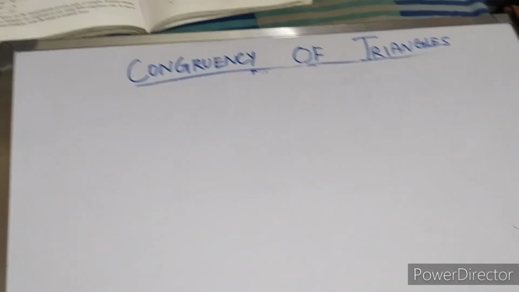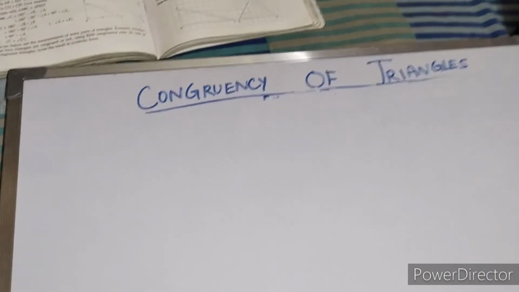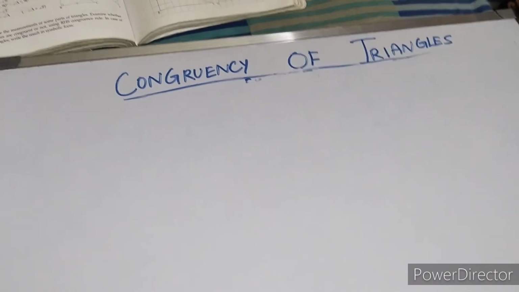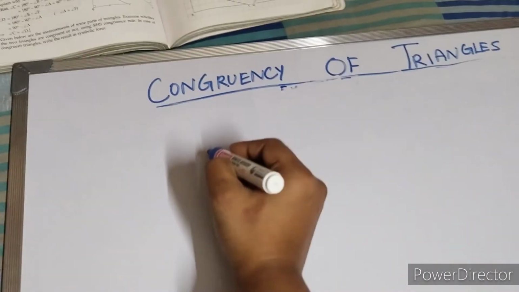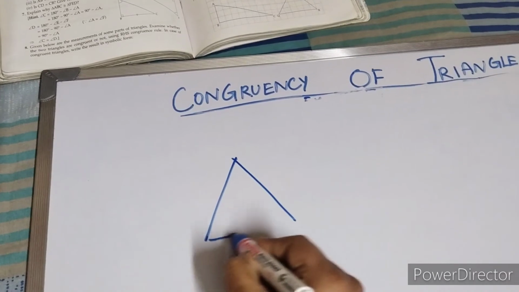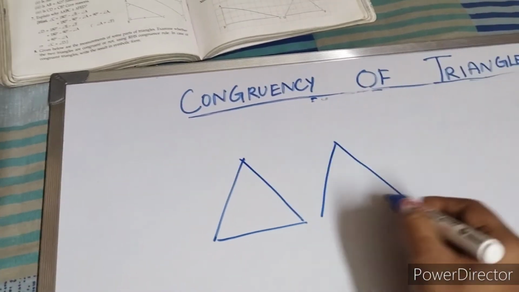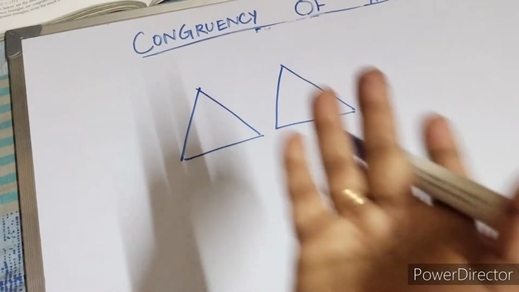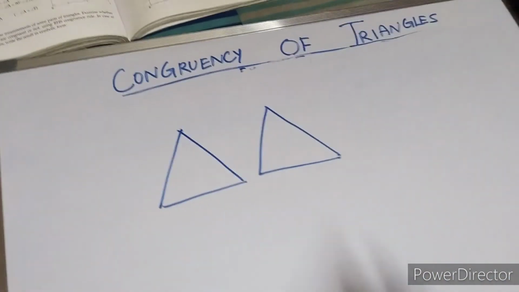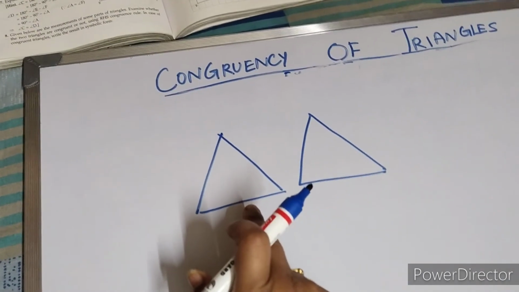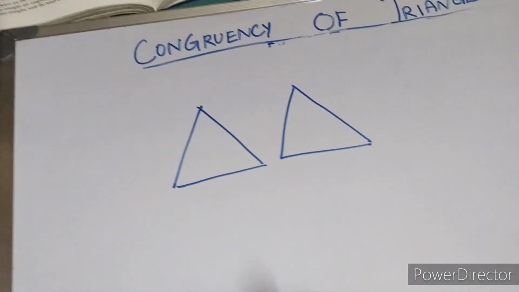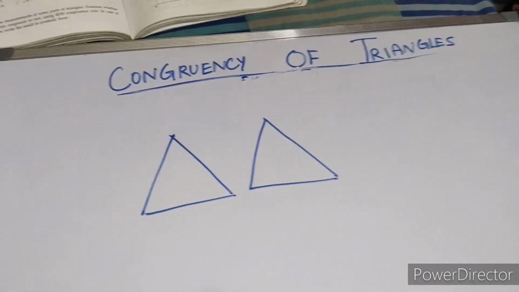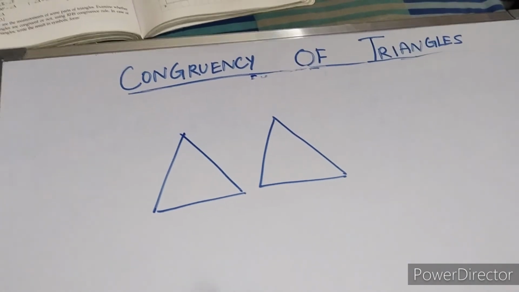When we say two triangles are congruent, it means they are equal in size, equal in all respects, like twin brothers, or your left hand and right hand. They're equal in size and shape. But in case of similar triangles, it is not the same. So we will discuss similar triangles in a new video.